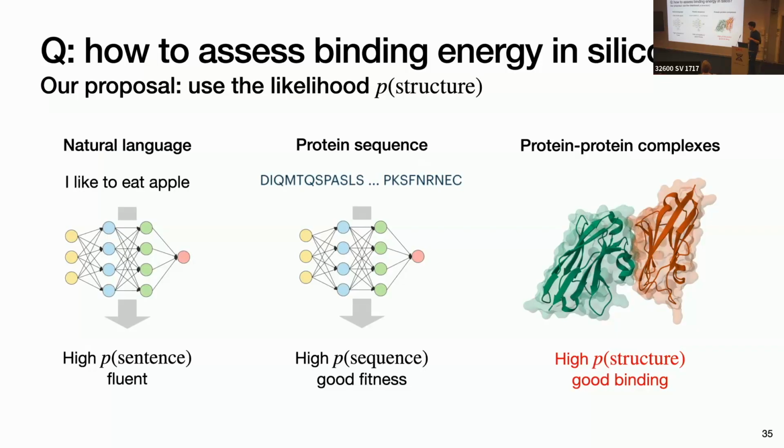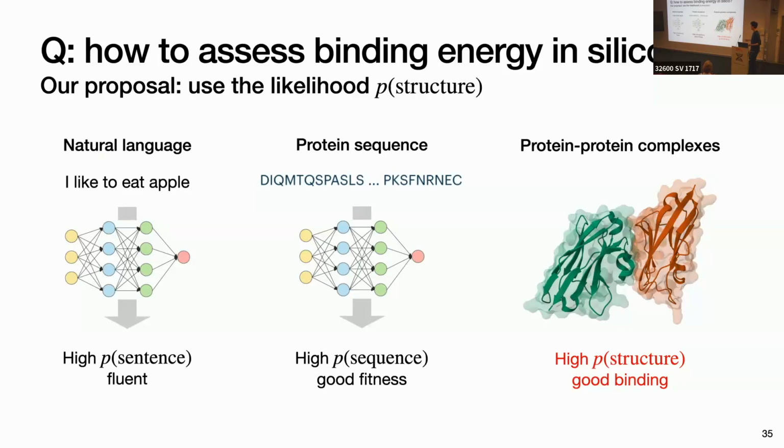If your sentence has a high likelihood, then most likely it will be a very fluent sentence, right? Similarly, this idea translates to protein sequences as well. If you're familiar with protein language models, people have shown that if your sequence has a high likelihood, it tends to give you good fitness. Fitness means it is functional, right?